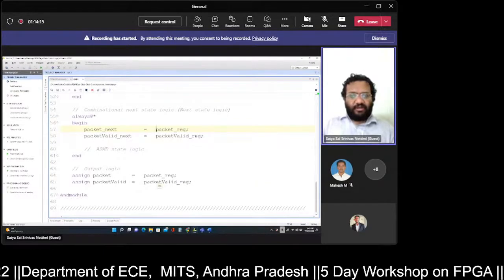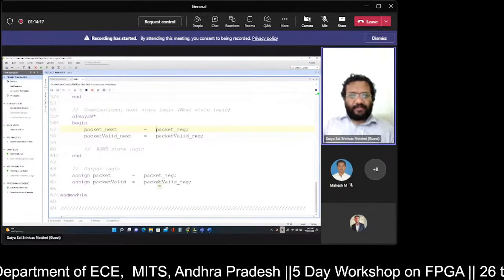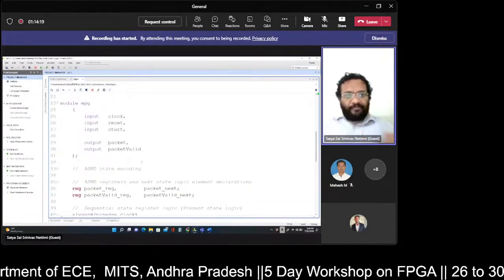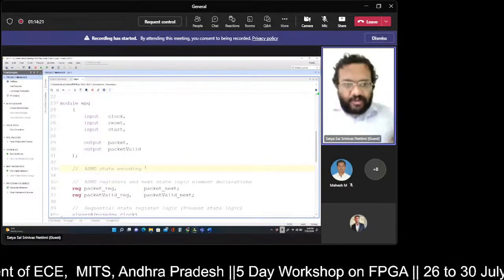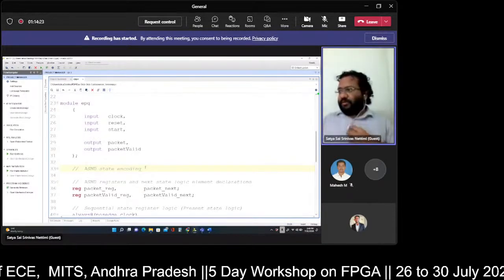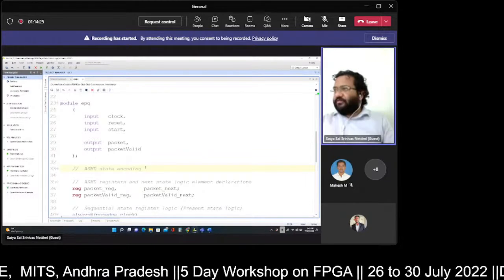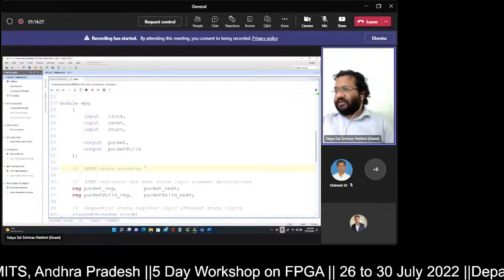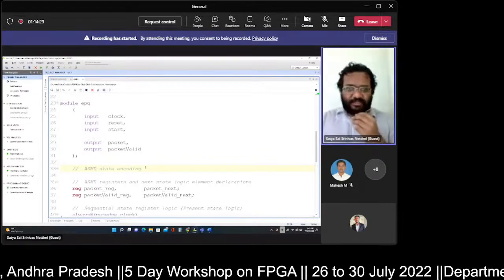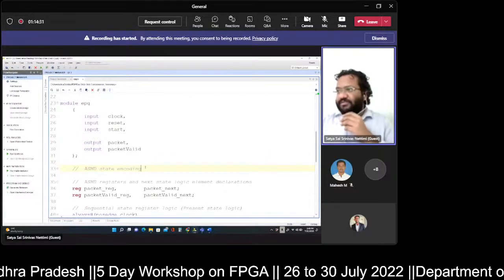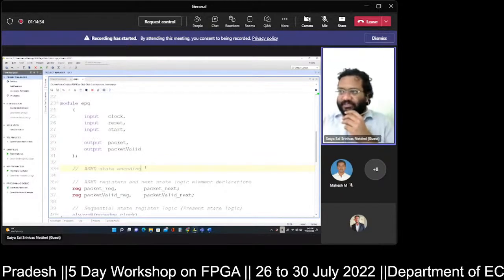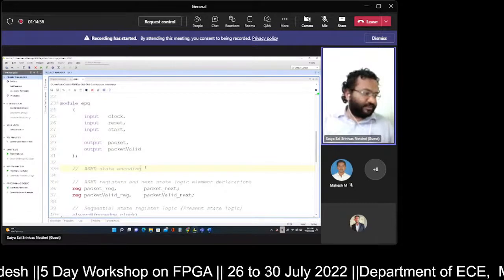Now we have to begin with ASMD state encoding. In my actual design, I think I have used 7 states. Why did I use 7 states?